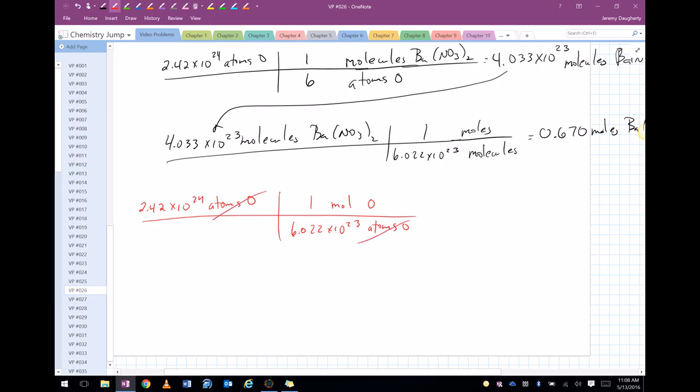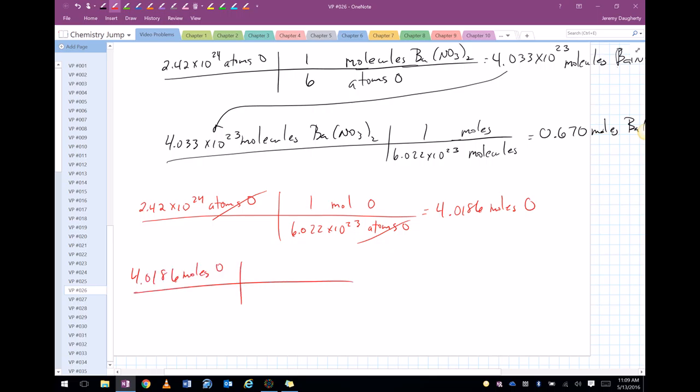So when I divide that, what do I get? 2.42 times 10 to the 24th divided by 6.022 times 10 to the 23rd. Remember to use that EE button. So that gives me 4.0186 moles of oxygen. But I don't want moles of oxygen. I want moles of the compound.